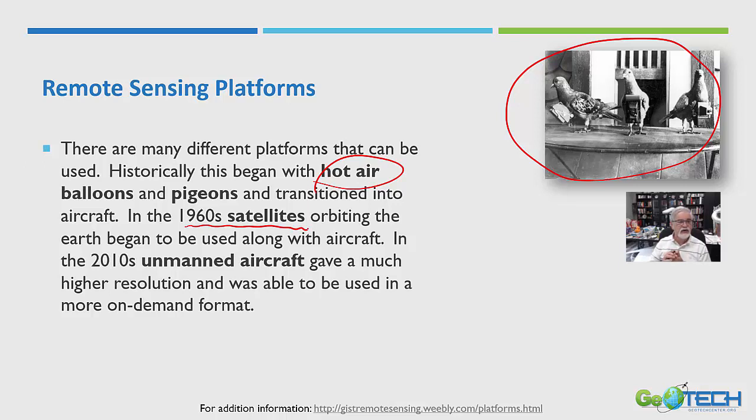And as we move into the 2010s, we're now seeing unmanned aircraft, but this unmanned aircraft is now terrestrial based and no longer orbiting the Earth. So you can see these changes in remote sensing. The concepts are still the same: gathering of electromagnetic energy to understand things about the surface of the Earth.